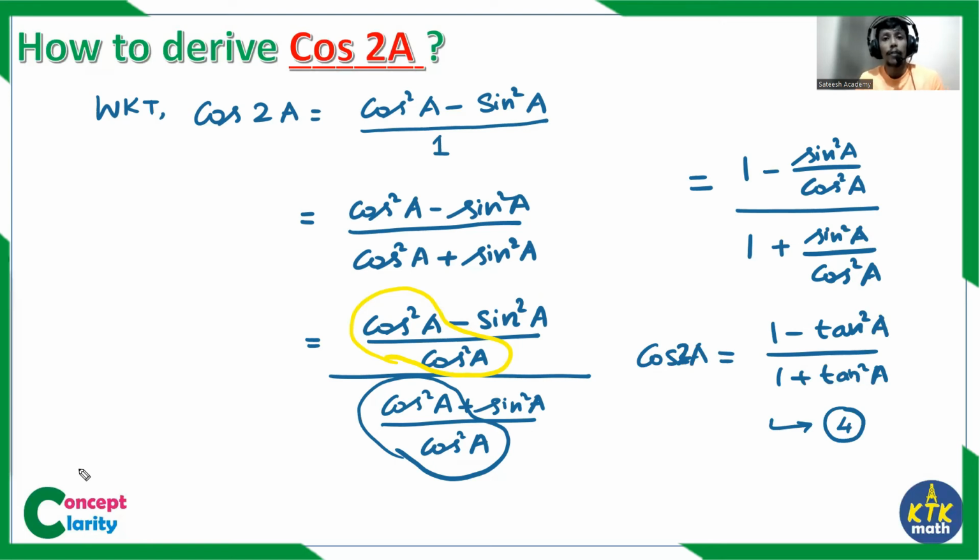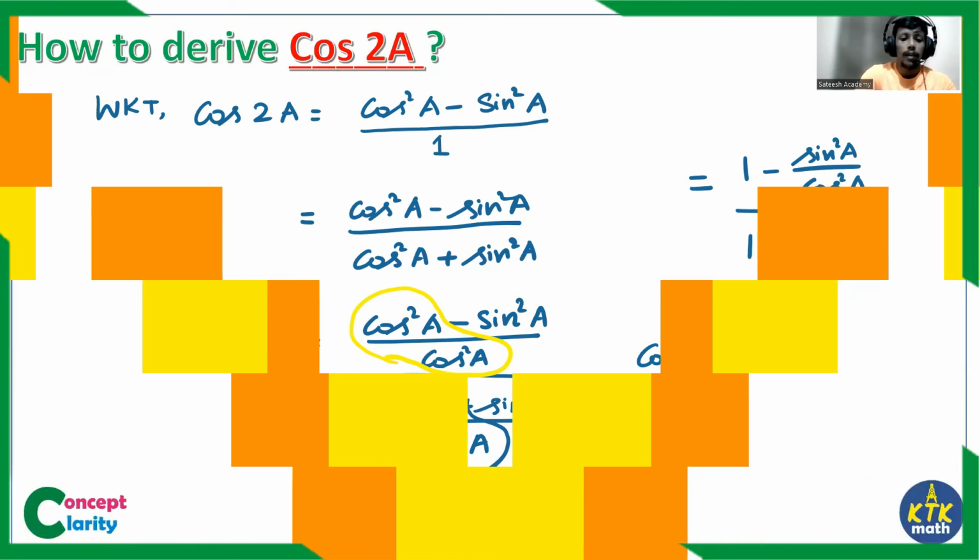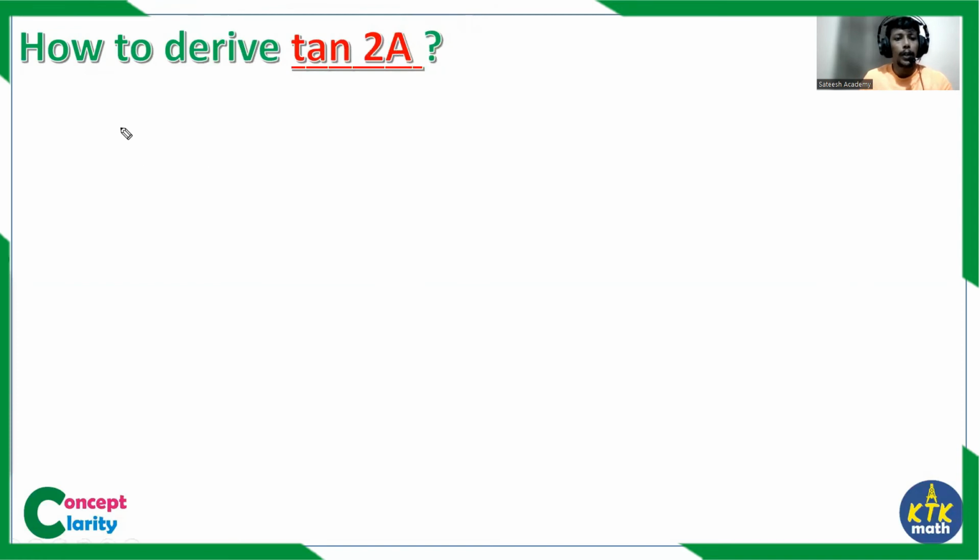So far we have derived formulas for sin 2a and cos 2a with the help of some identity, that is the alpha plus beta identity. Now it's time to derive the formula for the last double angle, which is tan 2a. Now let us go to that one. The formula for tan 2a we are going to derive just like cos 2a and sin 2a. Here also I am going to apply the identity of alpha plus beta.